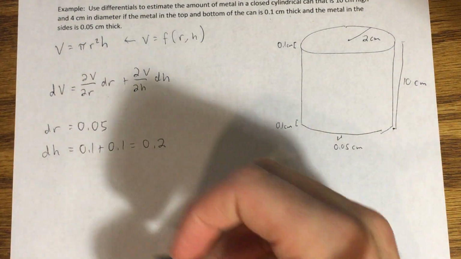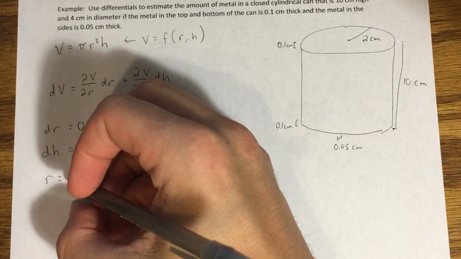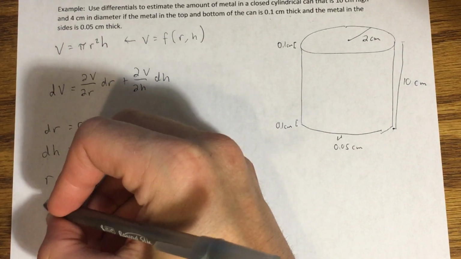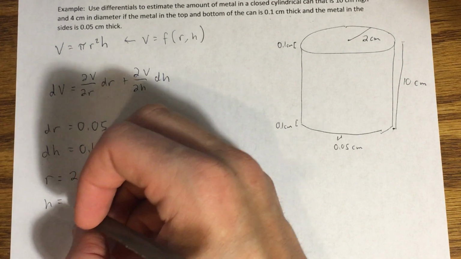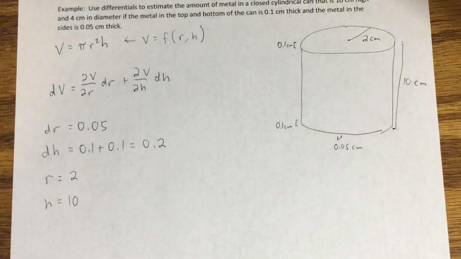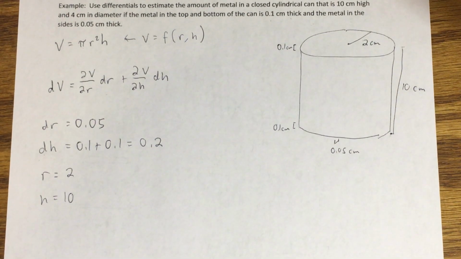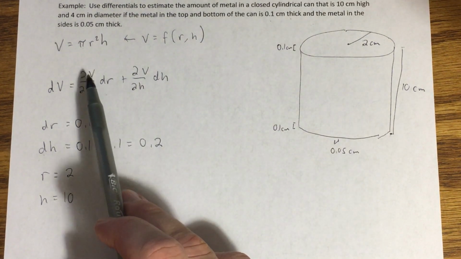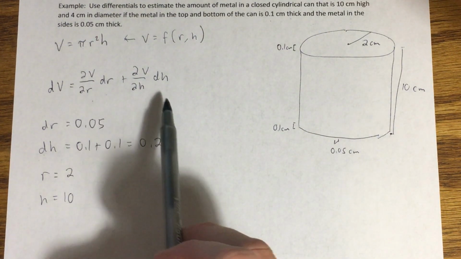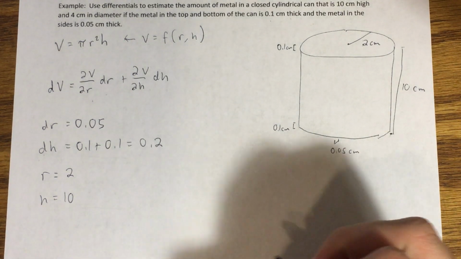Okay? We also have that r is equal to 2, and h is equal to 10. Those are the dimensions that are given to us for the actual radius and the actual height in the problem. Now, I need to compute these partial derivatives. Partial of v with respect to r, partial of v with respect to h.